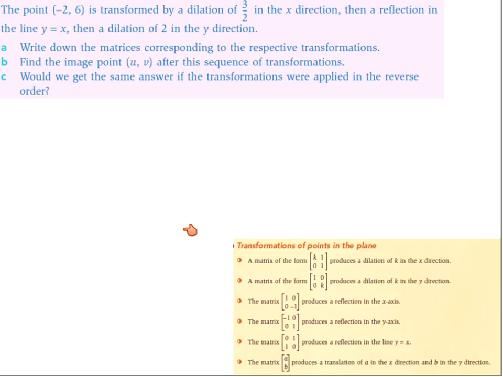Okay? If you do this exercise, you'll notice that the answers will be different. So when you multiply numbers, it doesn't matter in what order you do it. But when you multiply matrices, it does matter in what order you're doing.